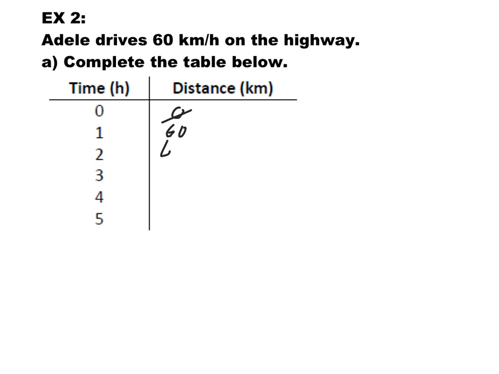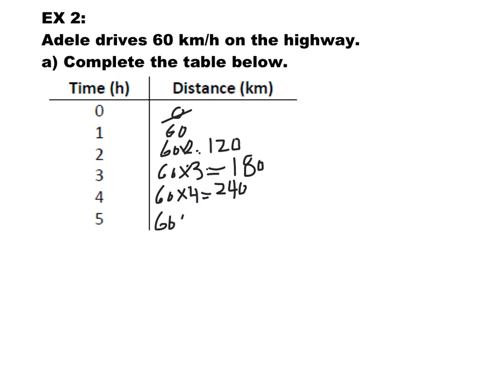After 2 hours is 60 times 2, which is 120. For 3 hours is 60 times 3, which is 180. For 4 is 60 times 4, which is 240. And for 5 is 60 times 5, which is equal to 300.